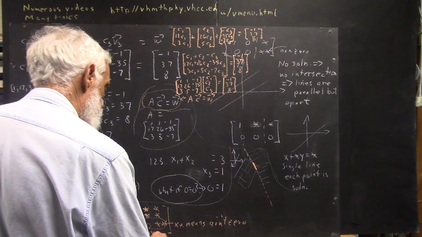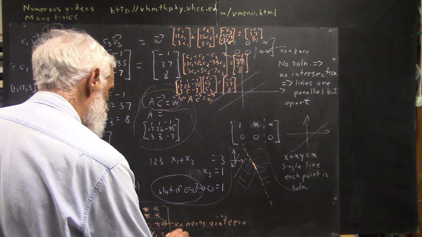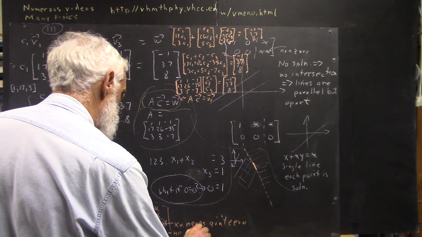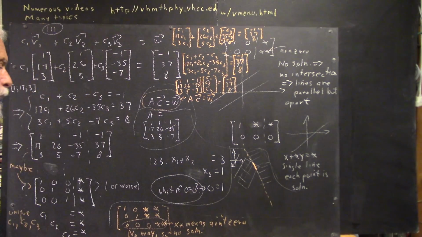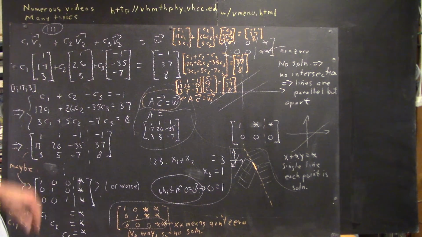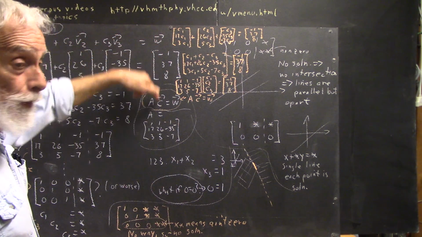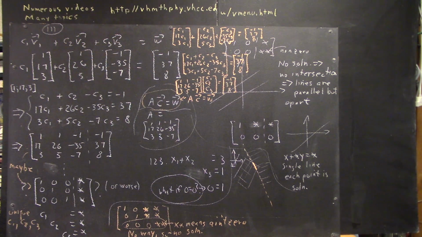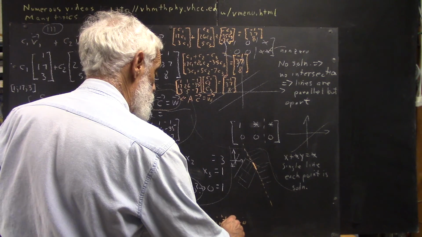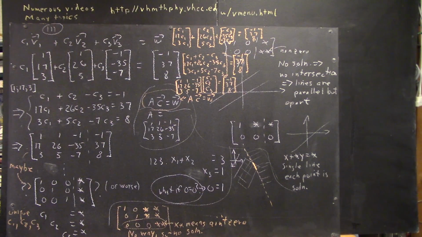So no solution. What does it mean that there's no solution? It means you can't find a C1, a C2, and a C3 that add up to this. Okay? Now we're going to leave it at that for the moment. There's geometric interpretations of this, but we'll get into those in Chapter 4 when we start studying vector spaces.